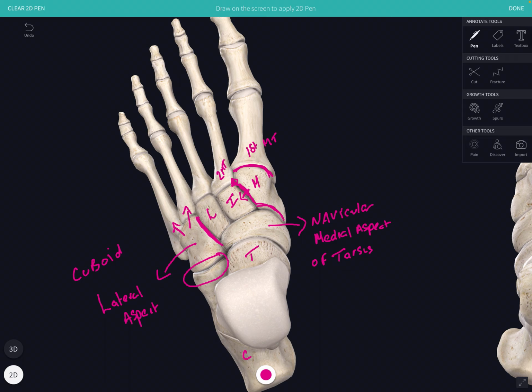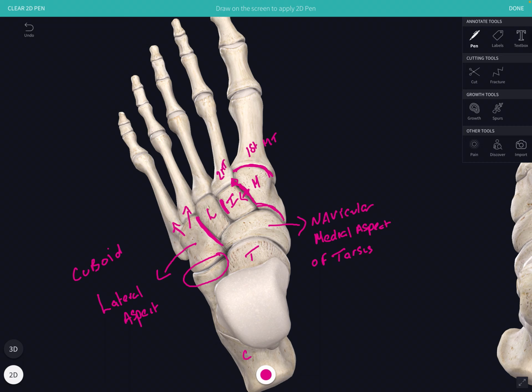medial. The medial surface of the intermediate cuneiform bone has an articular facet which will articulate with the medial cuneiform. The lateral surface of the intermediate has an articular surface which will articulate with the lateral cuneiform bone.